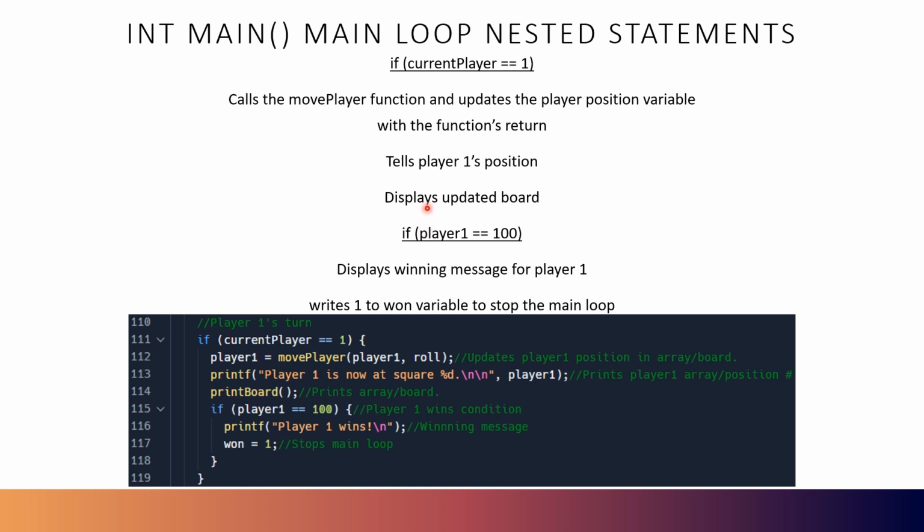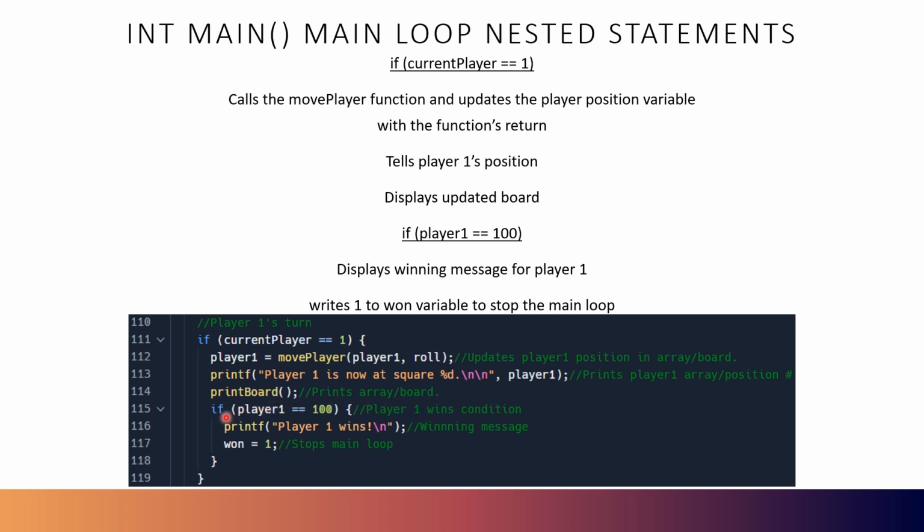And then next we have a print function that displays the player's position. And then we have another function to display the array or the board. This is done by calling the print board function.